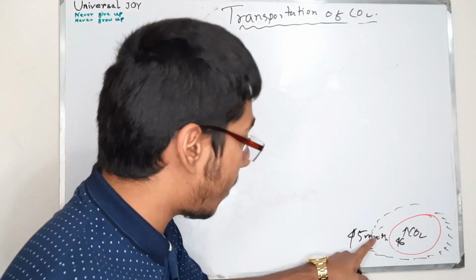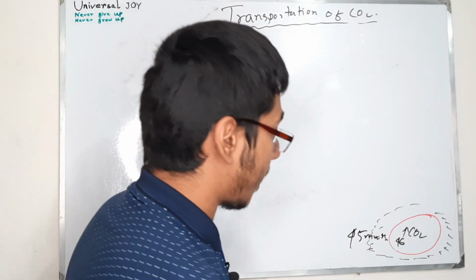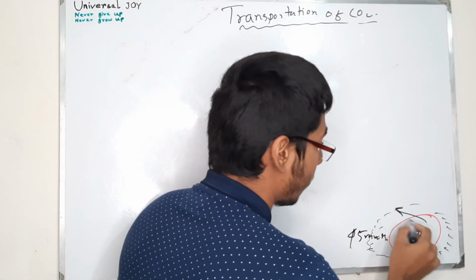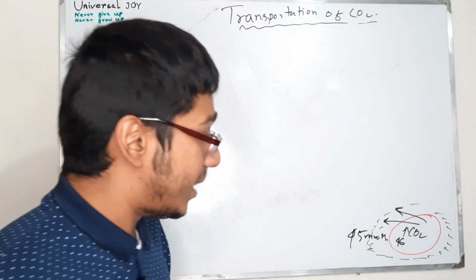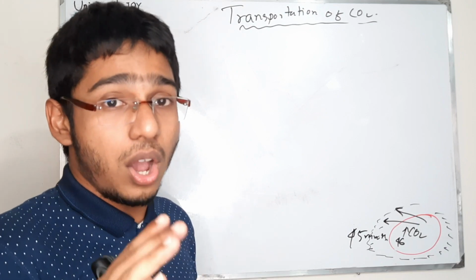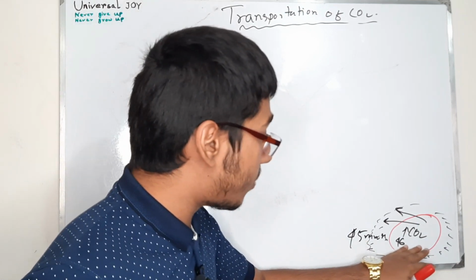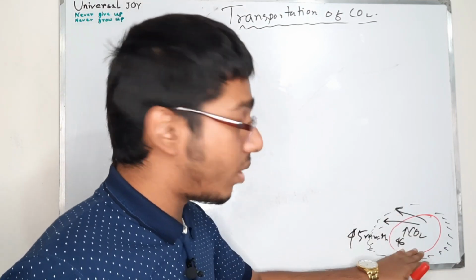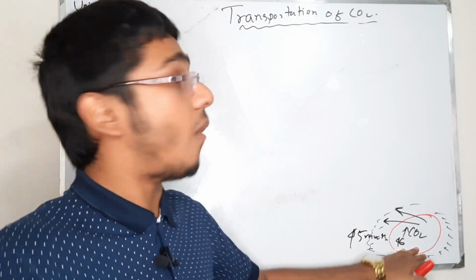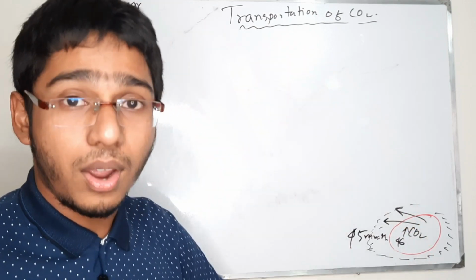So due to this pressure difference of 1 millimeter of mercury, carbon dioxide moves outward into the interstitial space. This is the first step of the transportation of carbon dioxide.